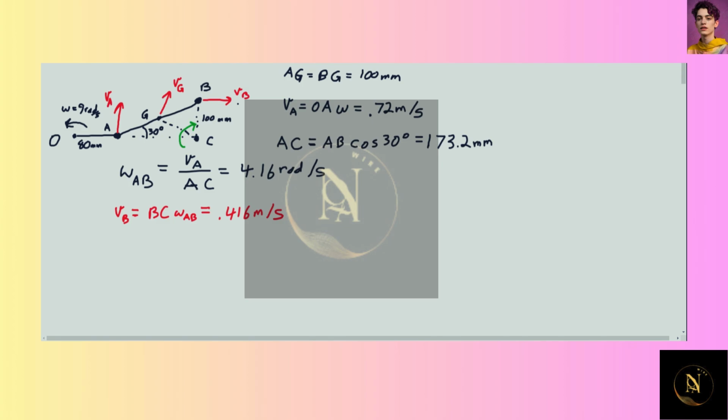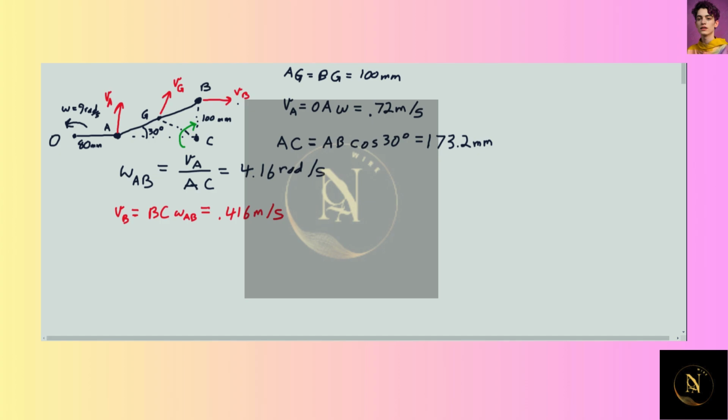So the next thing we need to do is a little bit more complicated, which is to figure out the velocity of point G. But to do that, we'll have to find this length GC. And to do that, we're going to have to look at a little bit more geometry here and apply the law of sines.